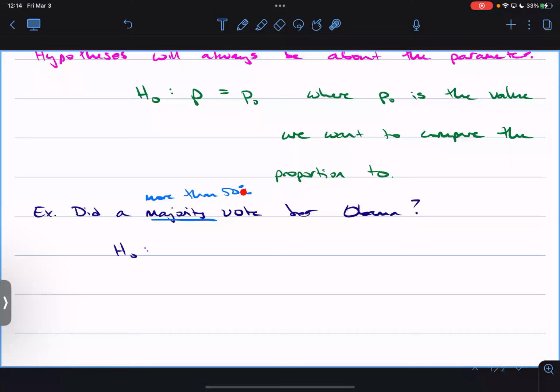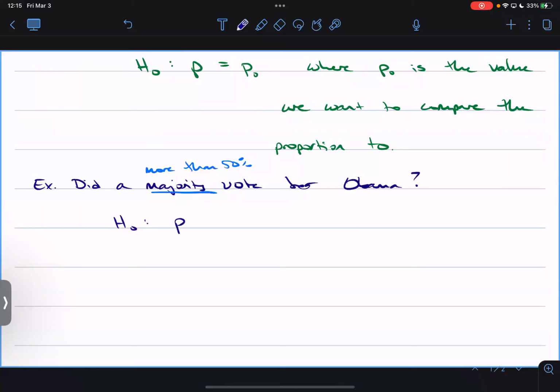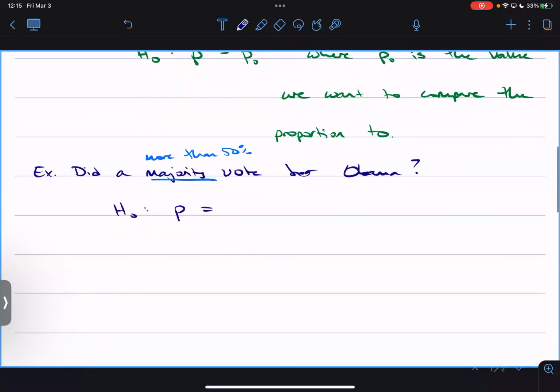And so my null hypothesis is going to be that P is equal to 0.5 because it has to be a statement of no change. We're going to do a lot of practice with this, so don't get too bogged down in it, but I just want you to see it because it's a lot. So my null hypothesis is that P has to have an equal sign, is equal to 0.5.